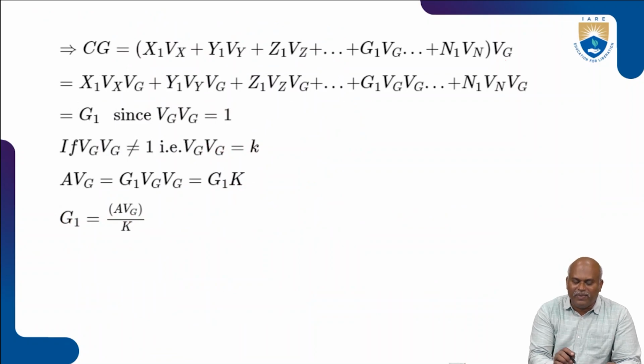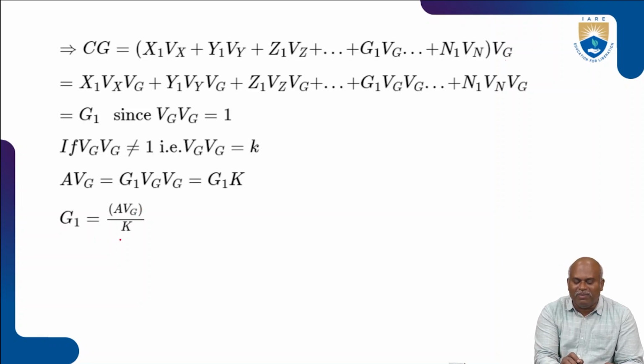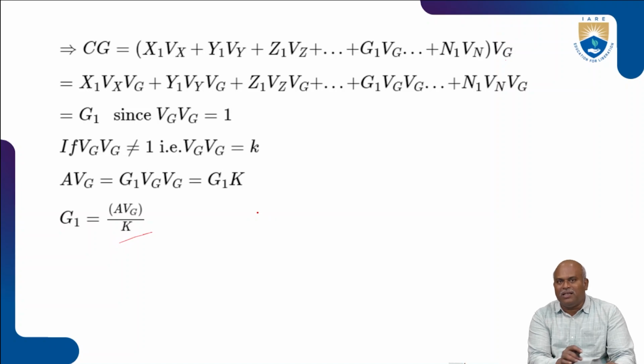So now, if Vgg is not equal to 1, if Vgg is equal to K, I should write the condition AVg equal to G1 Vgg, which is G1 into K. So this K is represented as Vgg. Finally, we conclude the orthogonality condition of our three-dimensional case: G1 is equal to AVG divided by K. K is our total coefficient, what we get from the orthogonality function together.